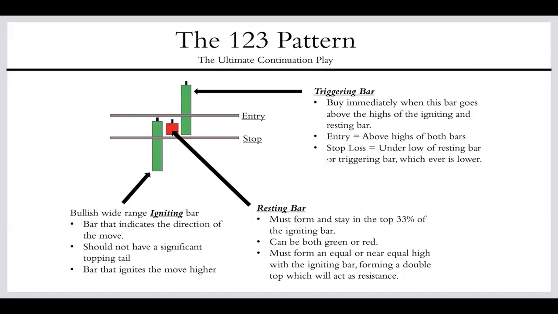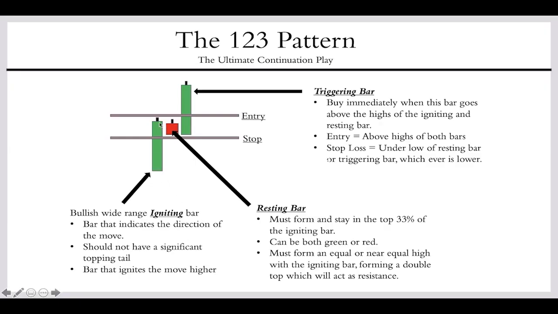So the first requirement that you need for the 1, 2, 3 pattern, where we're actually going to go long, is we need a bullish wide range igniting bar first, right? Remember we talked about what an igniting bar is.